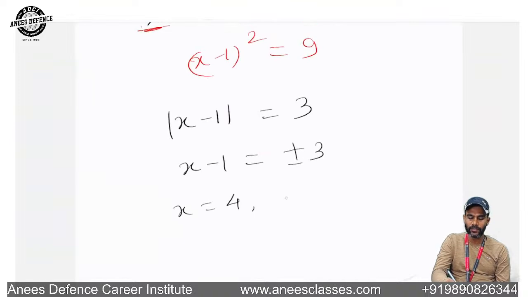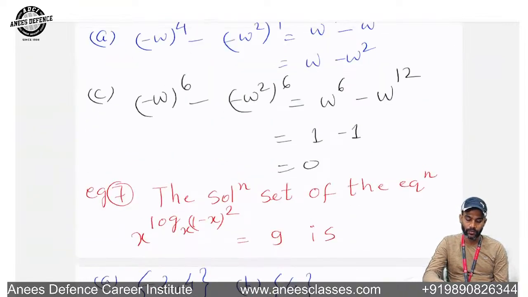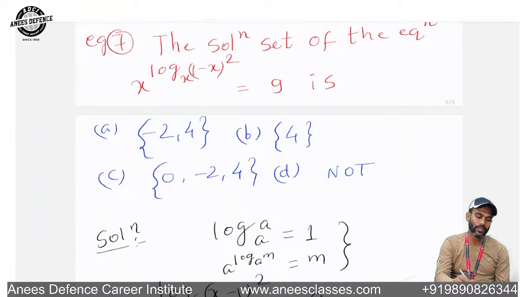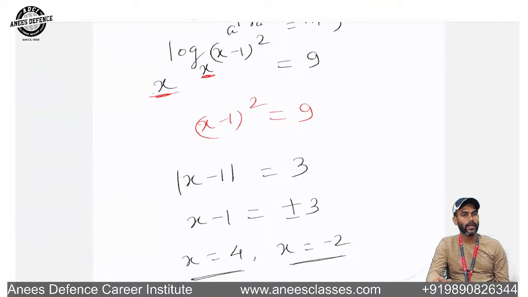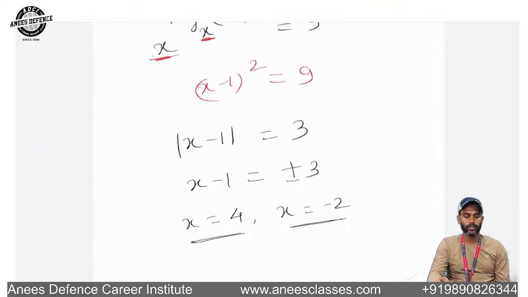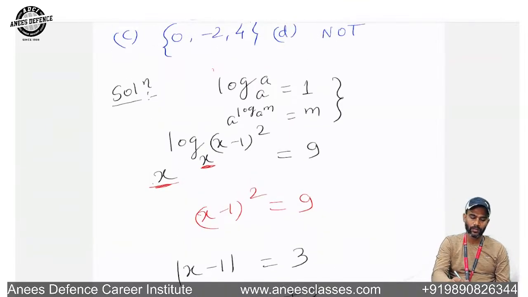And if you take the negative sign, x becomes minus 2. So which option is correct? 4 and minus 2, A is the right answer. I hope you understood. Is there any doubt? No, sir, no doubt. Please remember these two properties.